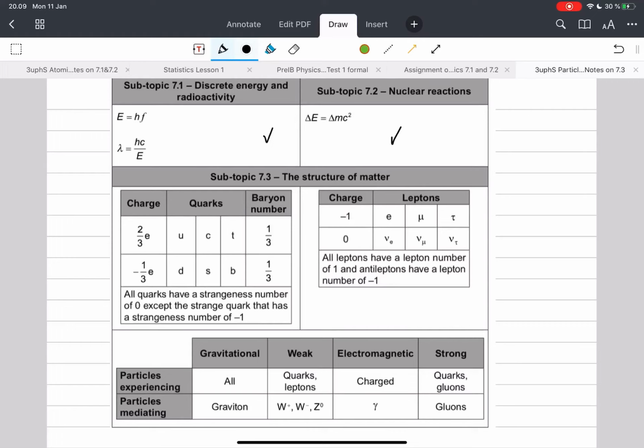For instance, it gives you that up, charm, and top have this charge and this baryon number. So you need to know yourself that if you take anti-up, anti-charm, anti-top, this will be negative and the baryon number will also be negative. So in a way, it is given, but you also need some knowledge to understand the table.